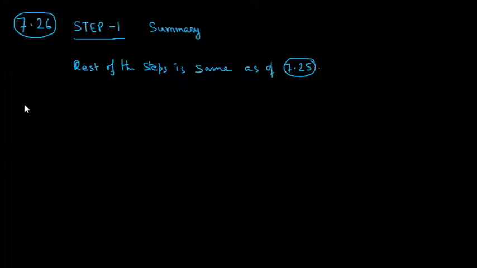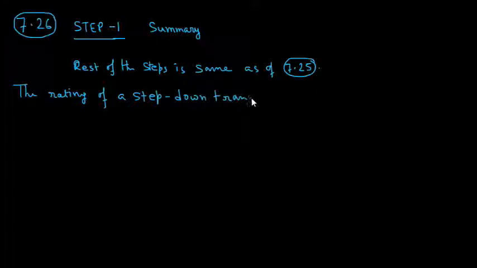So we can write the rating of a step down transformer is 40,000 volt by 220 volt.